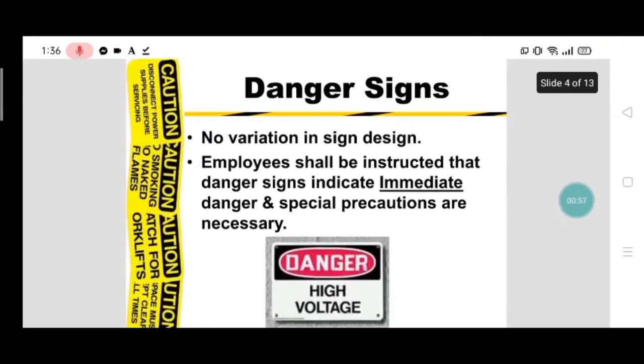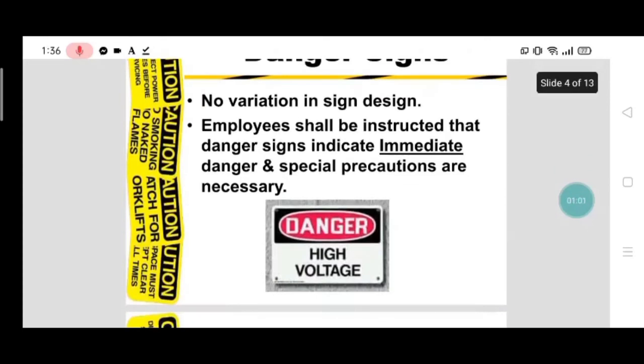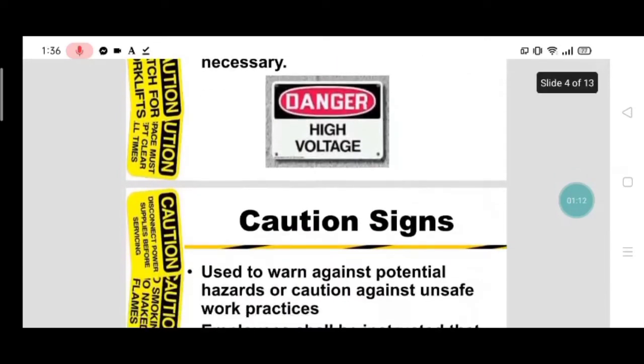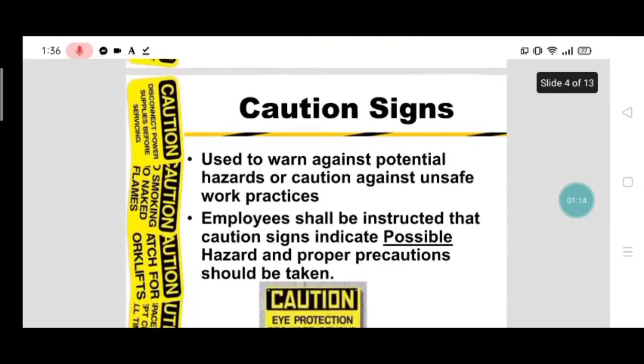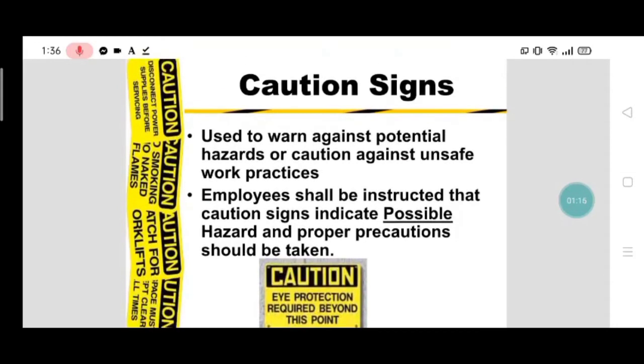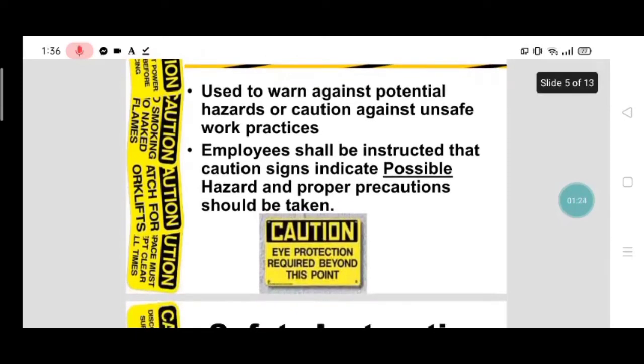So the danger sign has no variation in the sign design. Employees shall be instructed that danger signs indicate immediate danger and special precaution is necessary. We have the caution signs used to warn against potential hazard or caution against unsafe work practices.